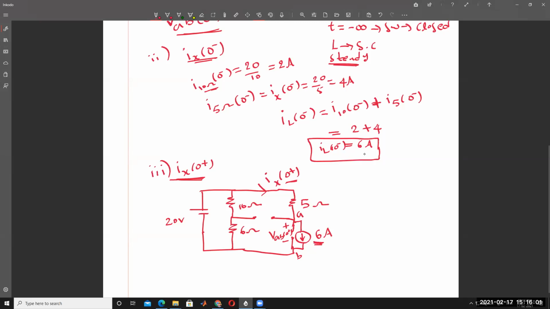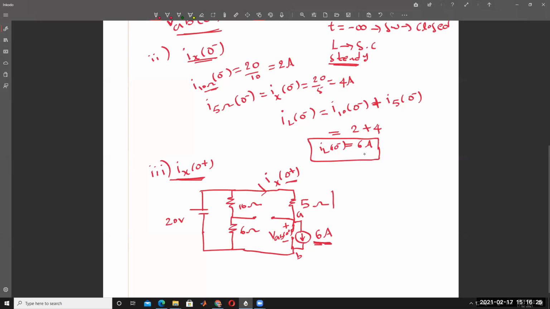The circuit is open in that direction, so no current flows that way. That means the 6 amps current source is connected in series with the 5 ohm resistor.